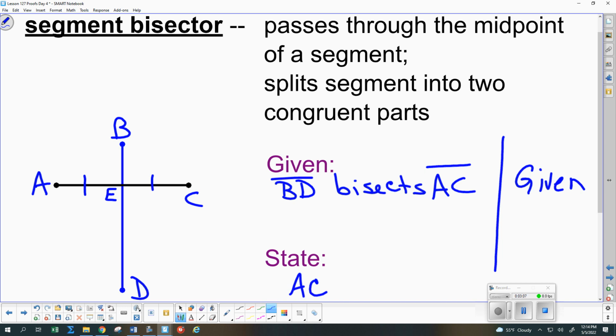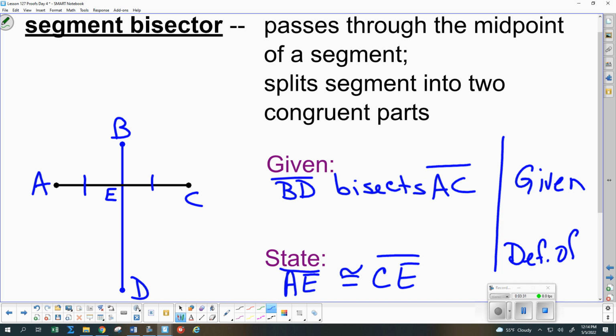So that means AC is congruent to, well, I'm sorry, not AC, AE. Let me try that again. AE is congruent to CE. And who wants to guess what that reason's going to be? Wyatt? Definition of a segment bisector, or again, just definition of bisect.